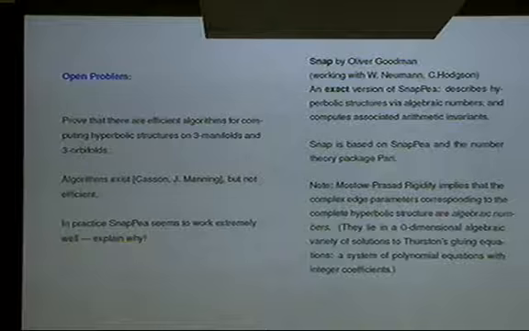For instance, these complex parameters turn out to be algebraic numbers. And you should be able to give exact descriptions of these algebraic numbers by giving them minimal polynomials, for instance. And this is the kind of thing that SNAP can do. So this was written by Oliver Goodman, working with Walter and myself.